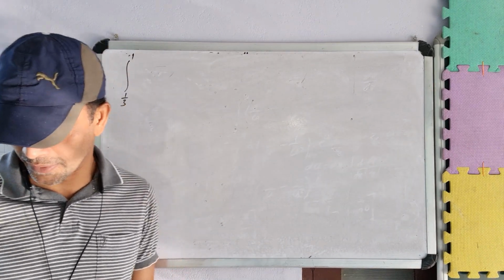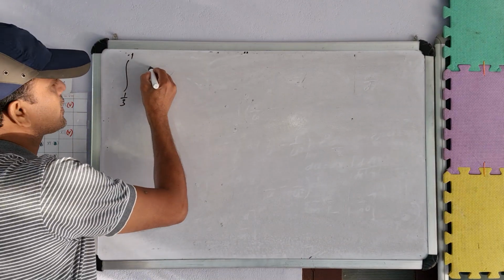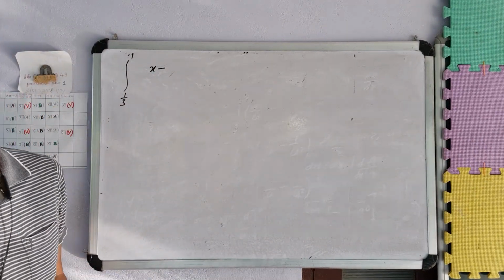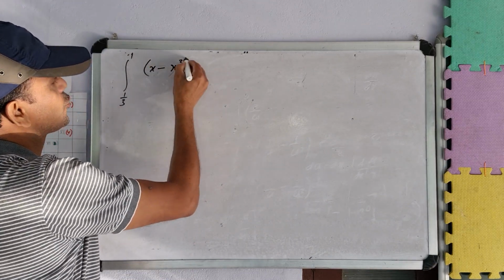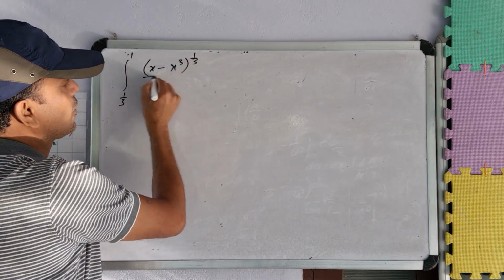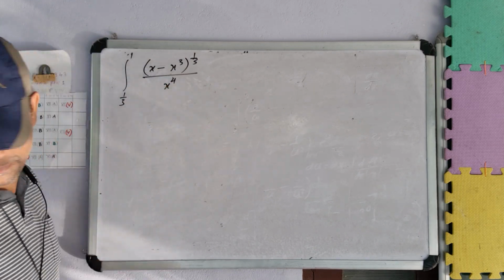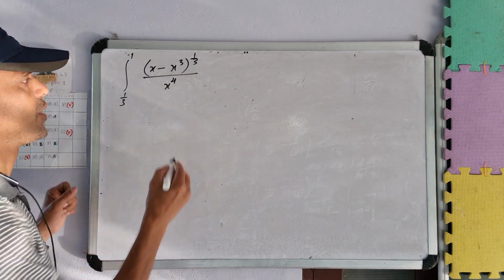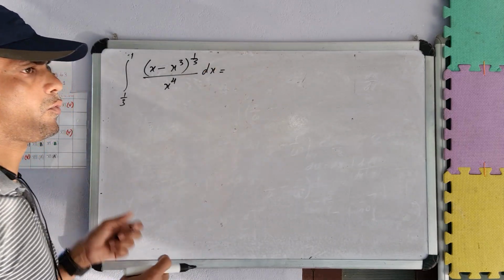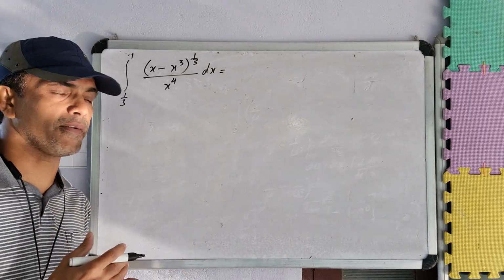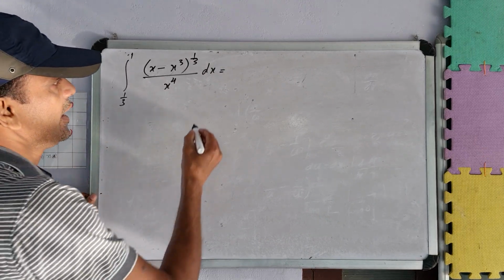It's actually an objective type problem, still we try to solve it: (x minus, I think it's x cubed) to the power 1 over 3 over x raised to 4 times dx. To solve this one, before substituting, we make some simplifications and transform the problem.